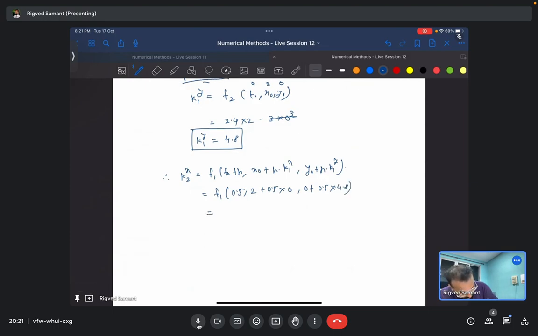So that is f1 of (0.5, 2, 0.5 into 4.8), and 4.8 divided by 2 is 2.4.